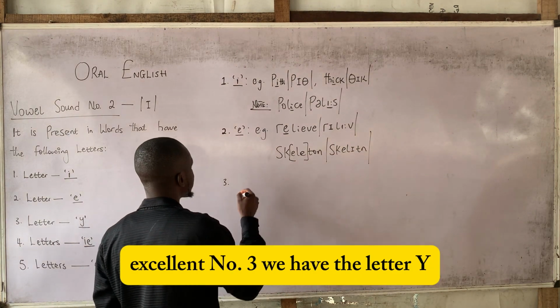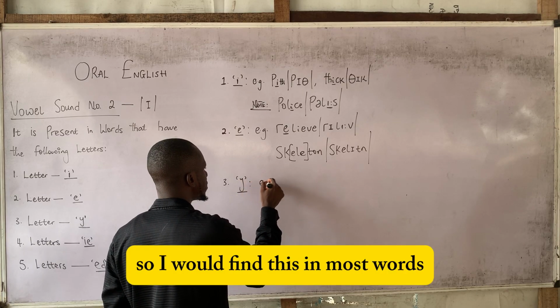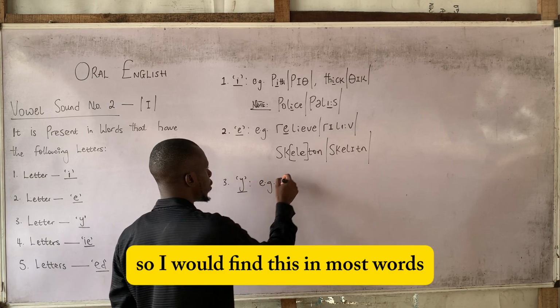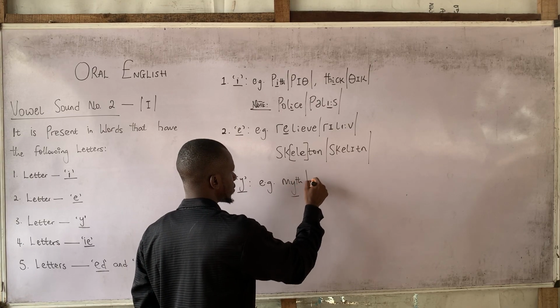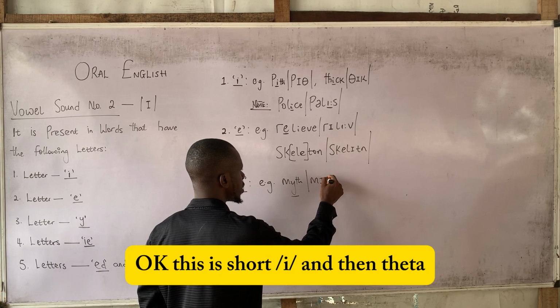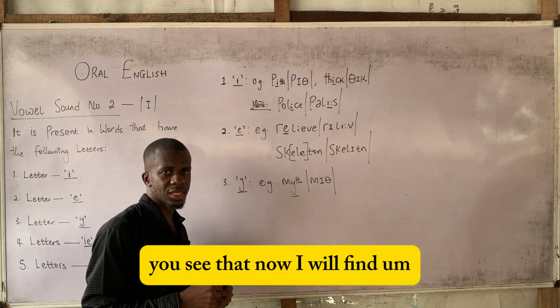Number 3, we have the letter Y. I would find this in most words, for example, myth. This is short E and then theta. This is myth. You see that now?